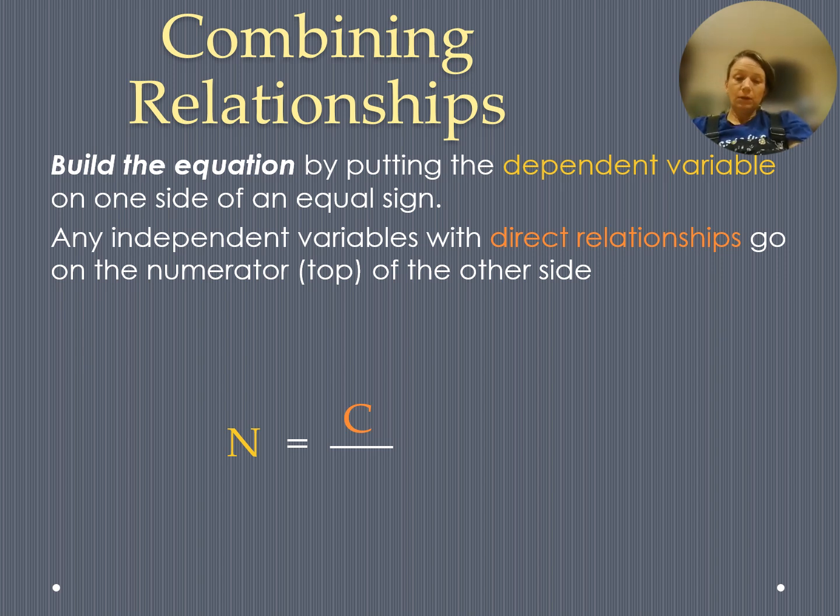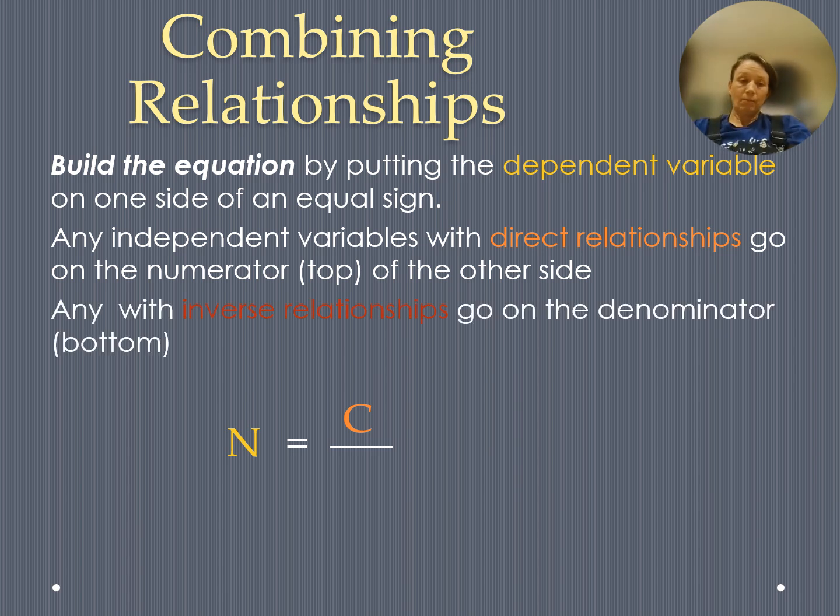In this example, we decided candy and niceness were direct, so we put the C on the top of this fraction. Any independent variables that have inverse relationships go on the denominator, which is the bottom of the other side. In this example, we decided that homework was inverse with niceness, so we put the H on the bottom.